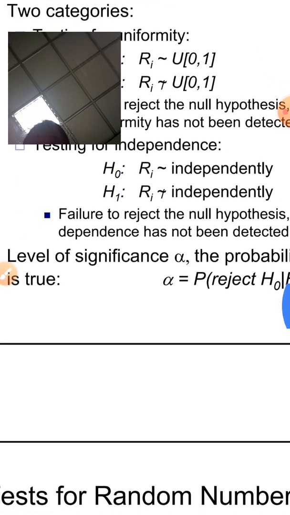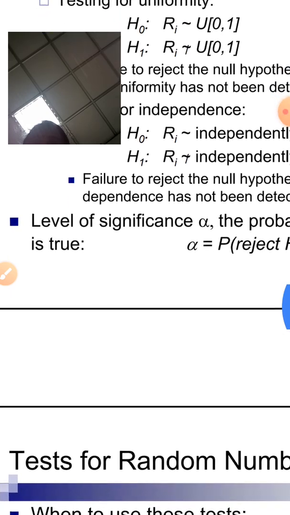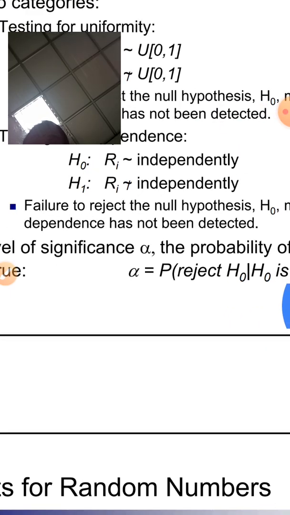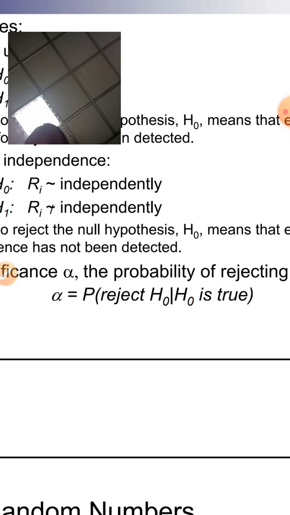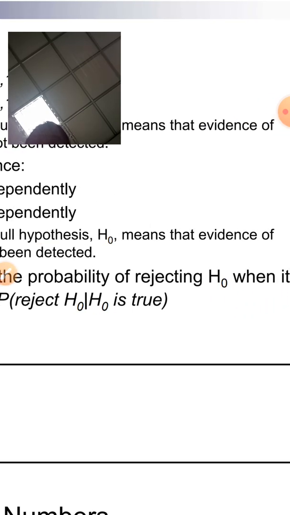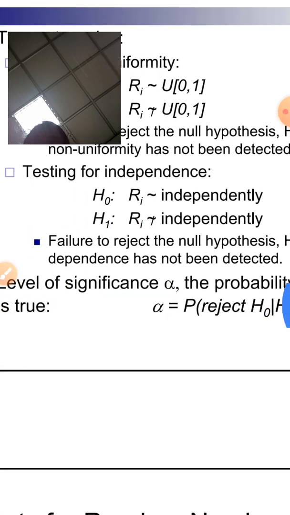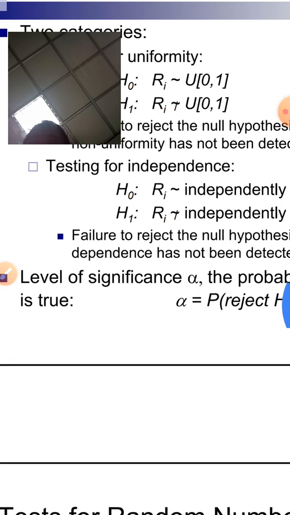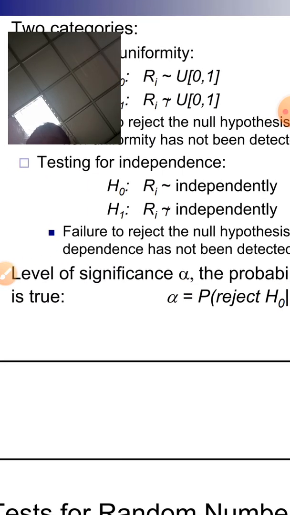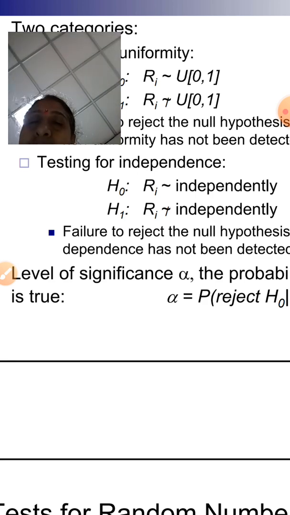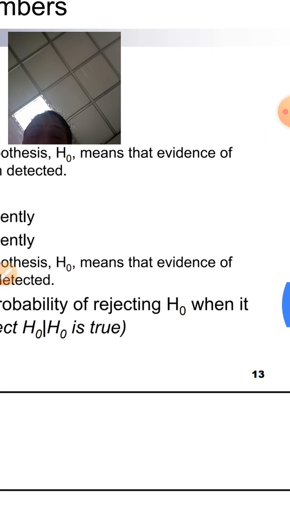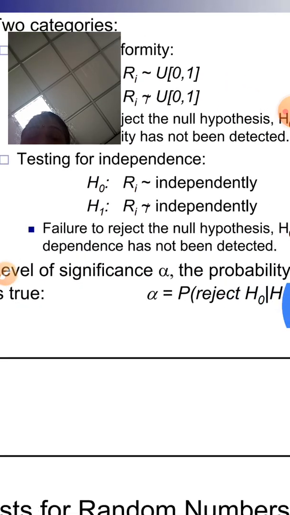So the next is the level of significance, given as alpha. It is the probability of rejecting H naught when it is true.